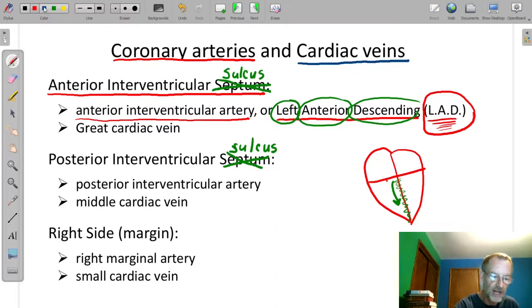Paired next to that, and that's what I've tried to do here, is write these in pairs, is the great cardiac vein. So it's coming up that way, and it too is in the anterior interventricular sulcus.